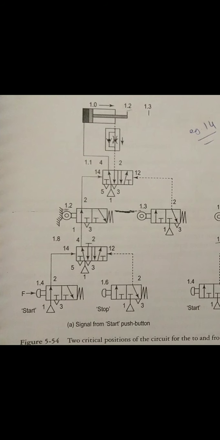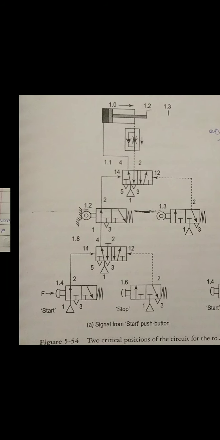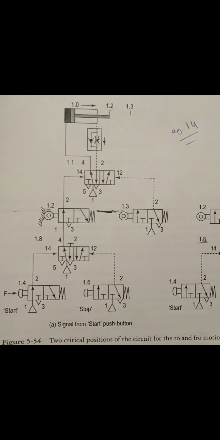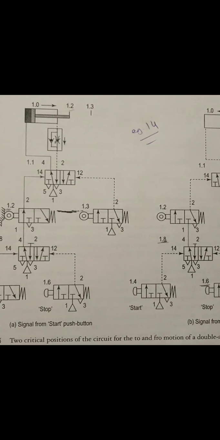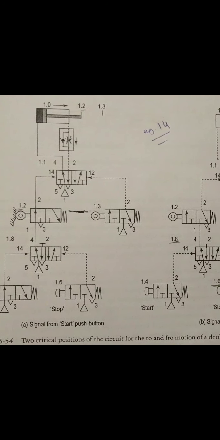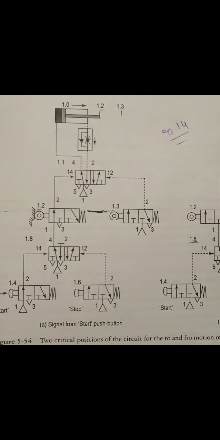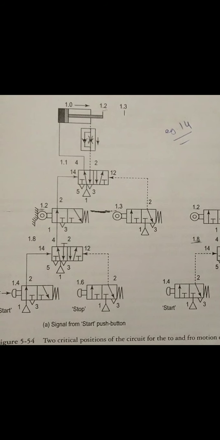What I mean to say is, until a stop signal is given, it will do to and fro motion. So the two positions of the pneumatic circuit for the control task you can see: when the start signal is given, and when the sensor used for obtaining the automatic return motion of the cylinder is activated. Until we give stop, it should automatically move to and fro.